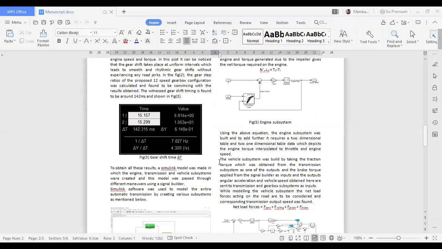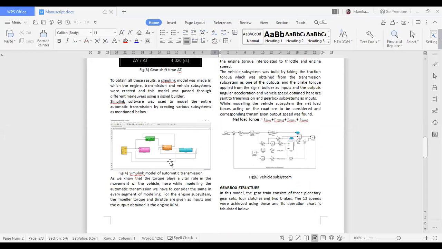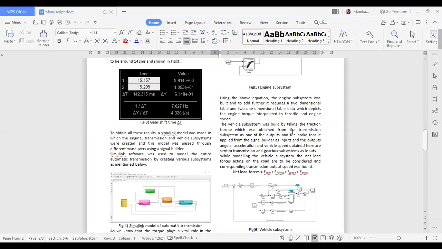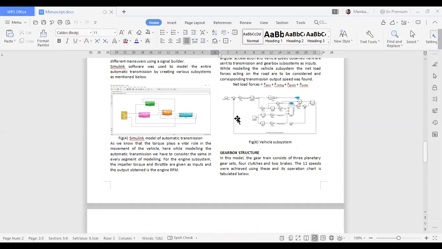Coming to the total model, we have achieved all these things by building the Simulink model. In order to build this model, we require the engine subsystem, followed by the vehicle subsystem and then the transmission system.